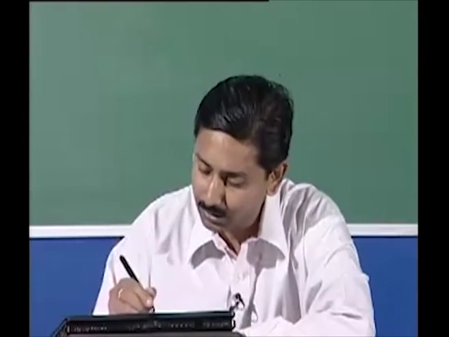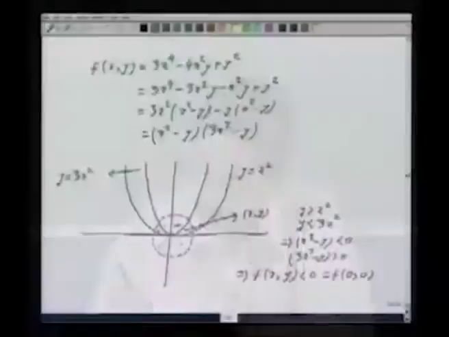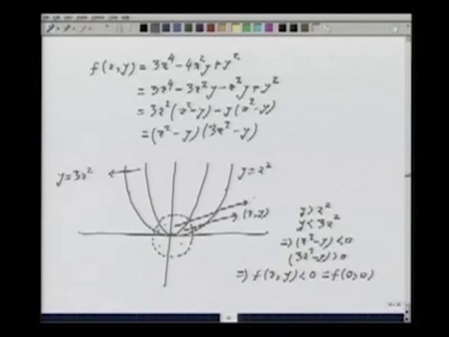Okay. But what happens if I choose a point here? Suppose this is x prime, y prime. So for that point, what I have is that y prime is bigger than 3x prime square and y prime is bigger than x prime square.